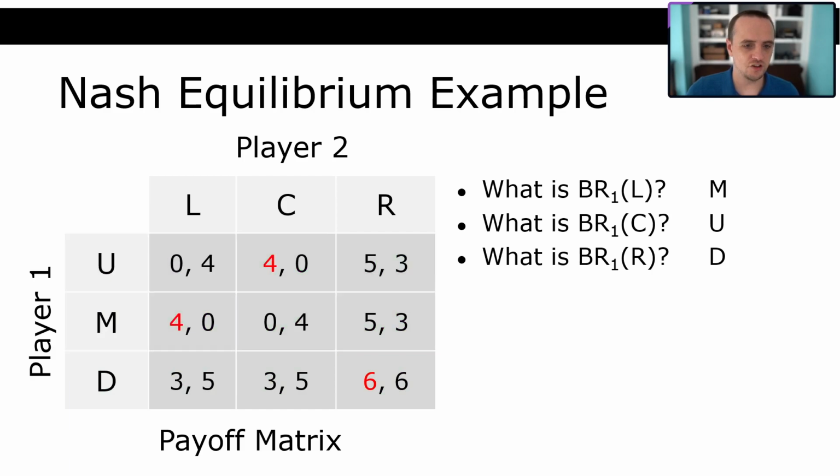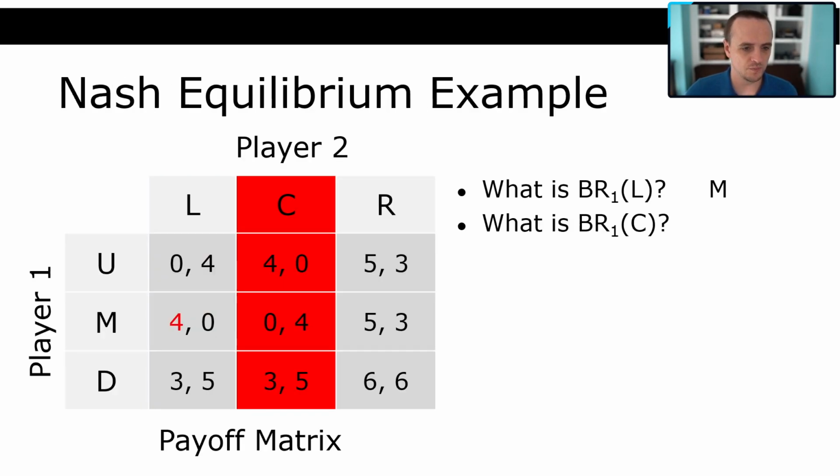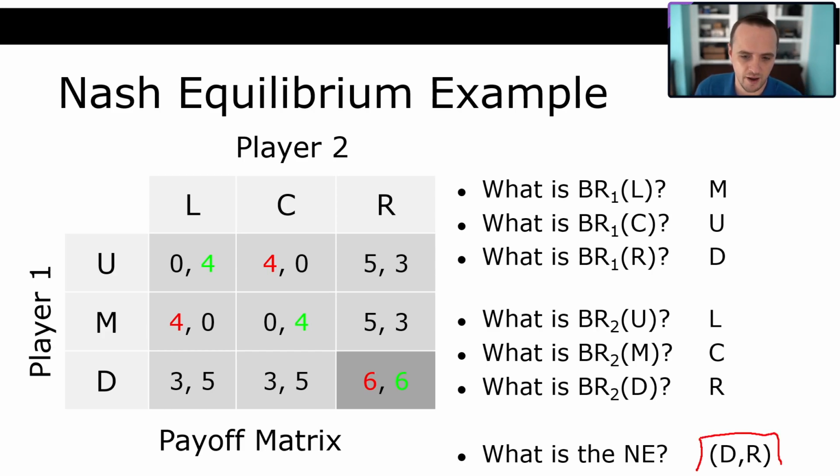And look at our definition of Nash equilibrium again. A strategy profile is a Nash equilibrium if for each player, their choice is the best response to the other player's choices. So right here, we have that the Nash equilibrium is down right. Now, remember when you're answering questions about Nash equilibrium, or when you're thinking about Nash equilibrium in your head, there's a very important concept that is not intuitive.